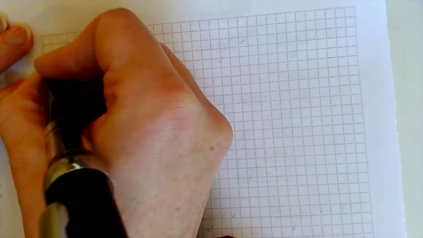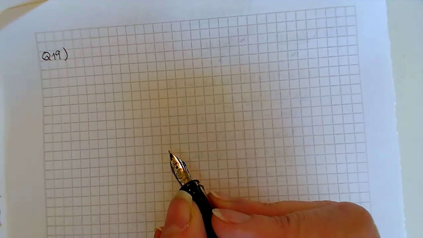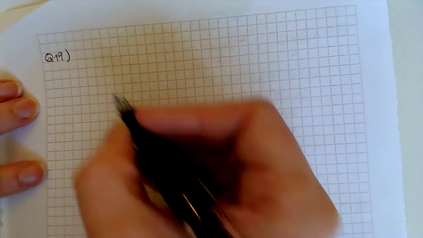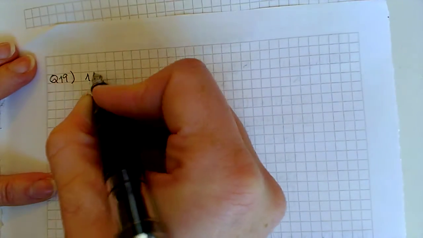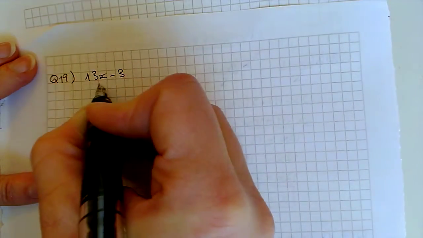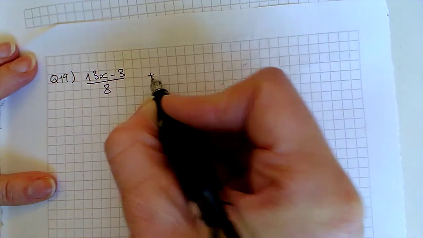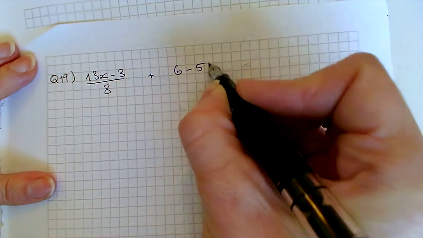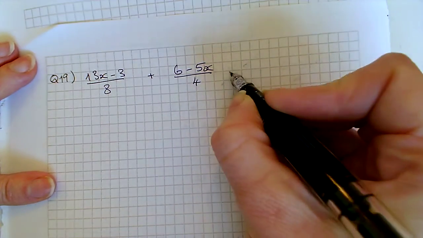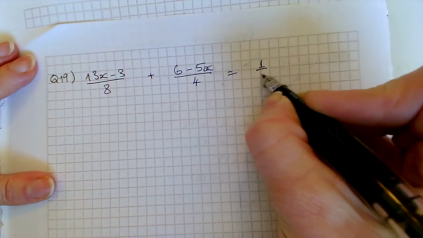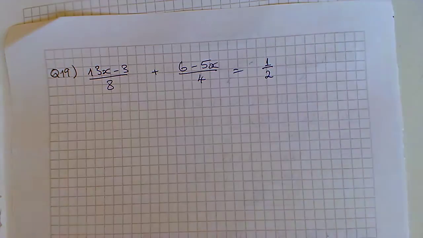Next, we had question 19. So in question 19, we had 13x minus 3 all over 8 plus 6 minus 5x all over 4 equals a half. Again, what's my common denominator?